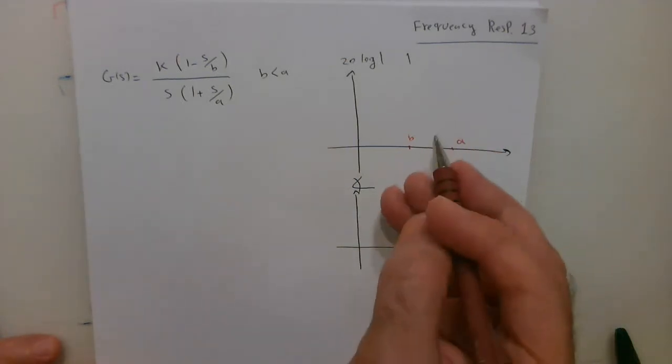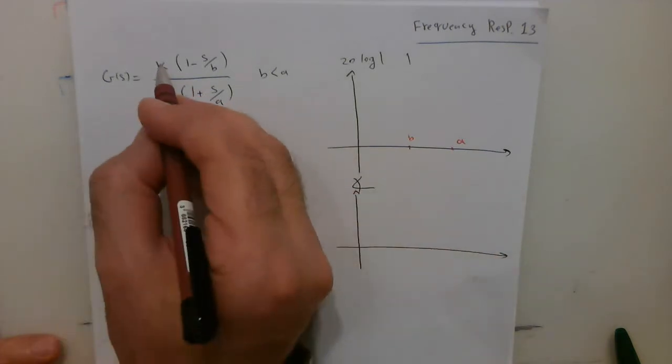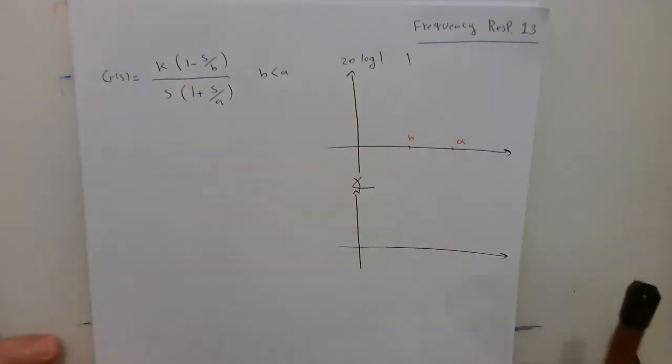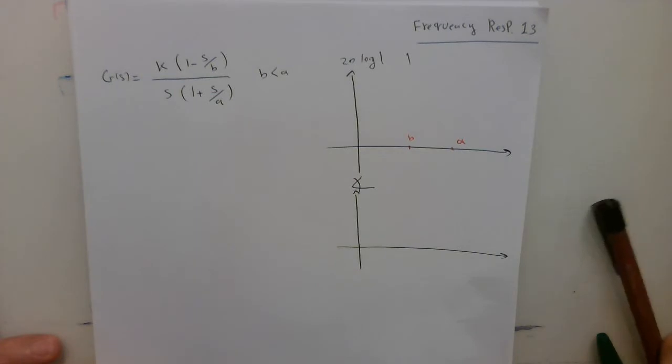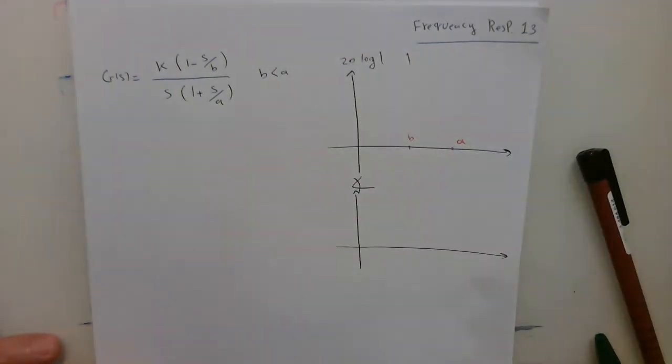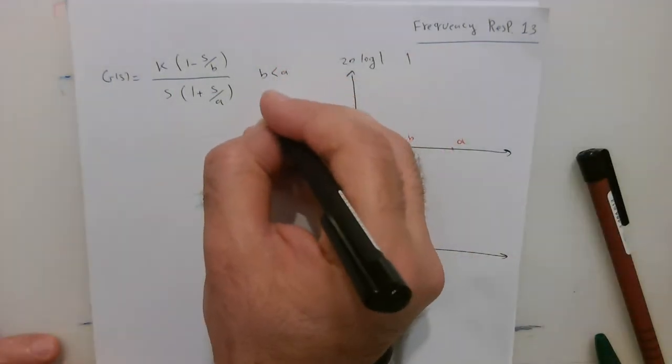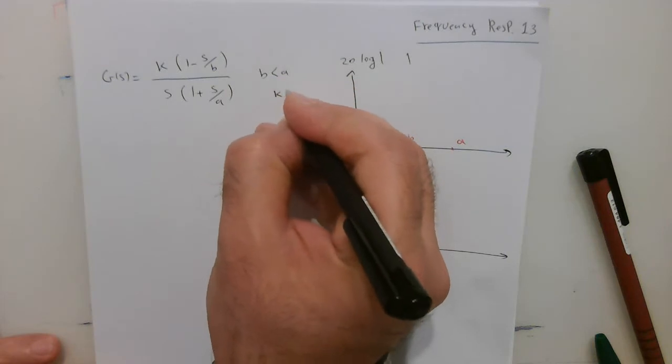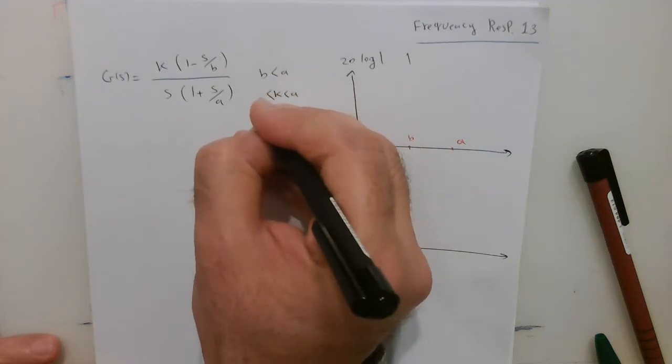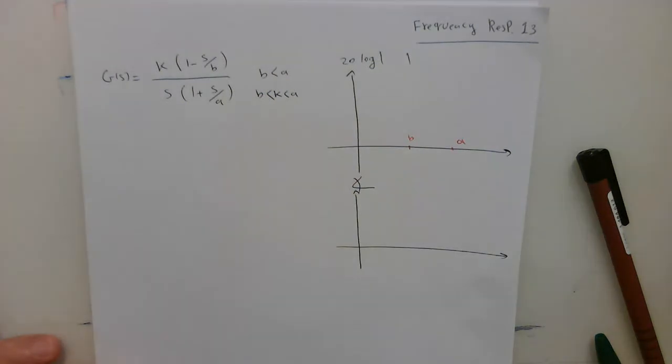And also suppose that K is something between b and a, so K is greater than b and less than a.